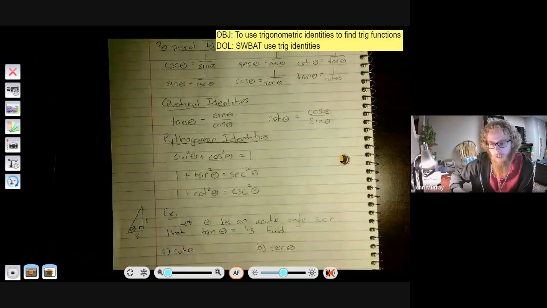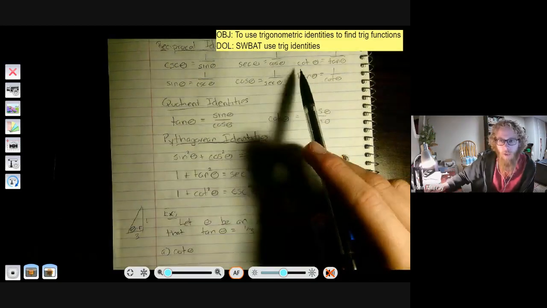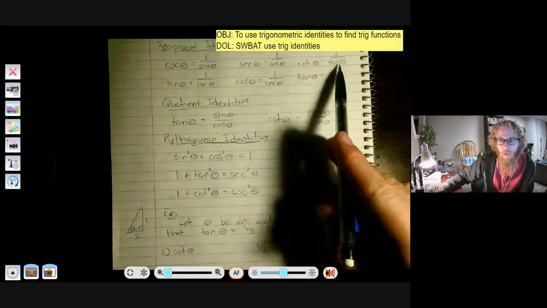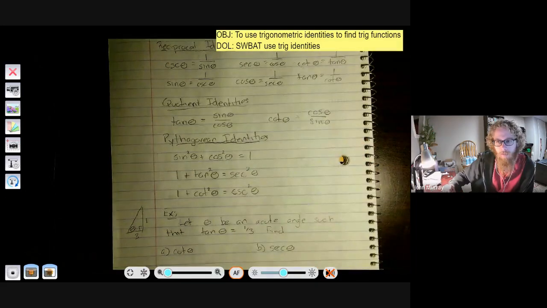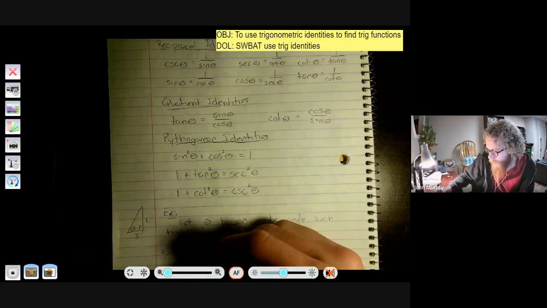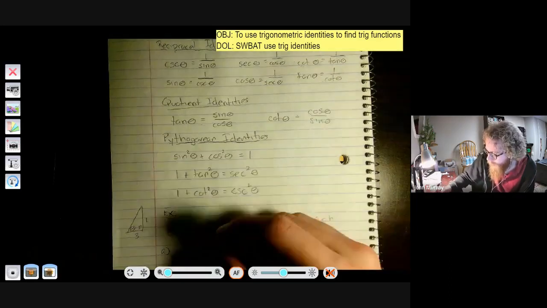But now that we have these rules, these identities, we can do things a little quicker. So the first one we want to find is cotangent, right? We know that cotangent is the reciprocal of tangent, so I just flip my answer, the numerator and denominator. I'm just going to write it out formally.